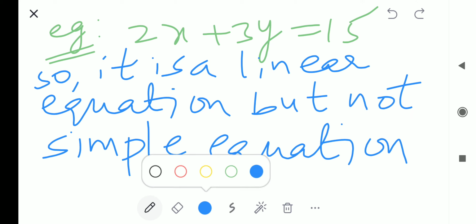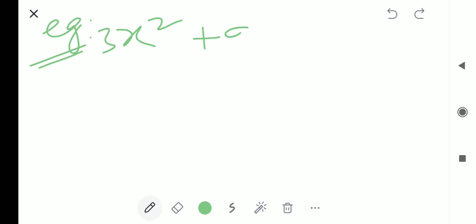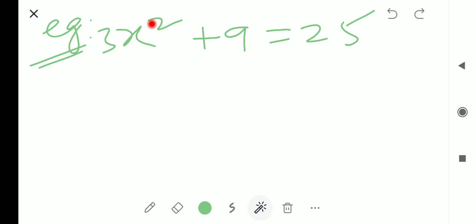Let me take a third example. Look at this one. 3x square plus 9 is equal to 25. Here you can see the power of x is 2. That means it is degree 2.